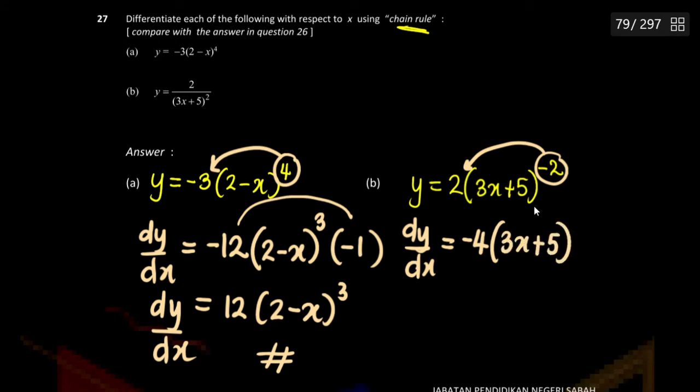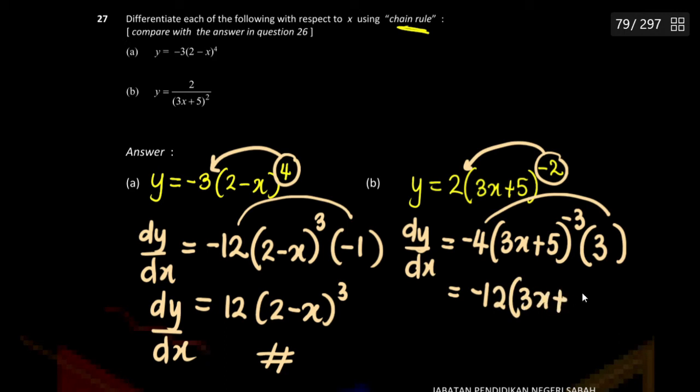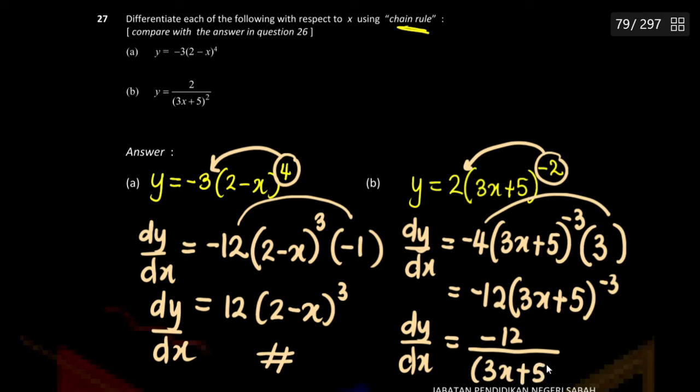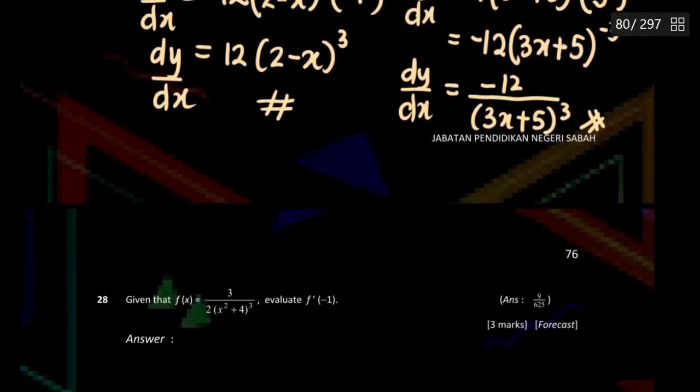Power must be reduced by 1, so -2 minus 1, -3. Differentiate whatever is inside the bracket. Take the front number times the back number. 3x plus 5, power -3. For the final answer, don't leave the power negative. Bring the entire thing down again. Okay, so this is quite easy. Simple, can be done.